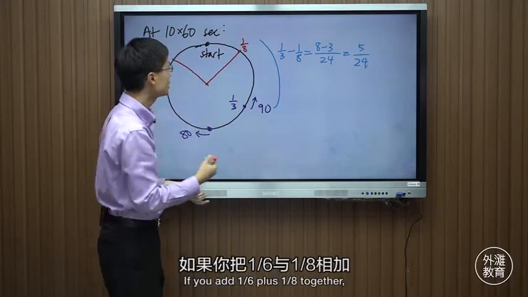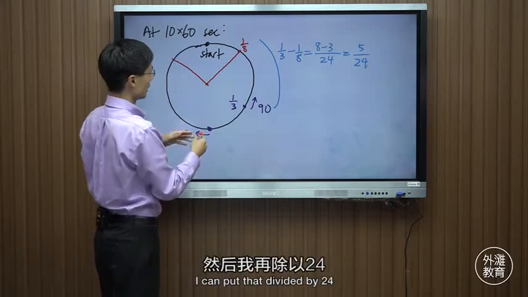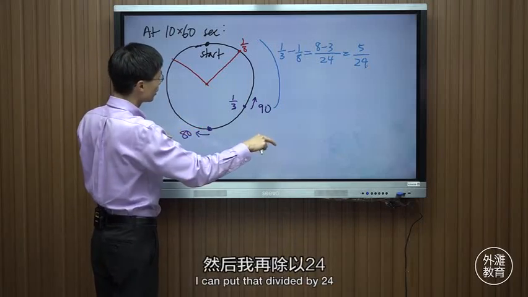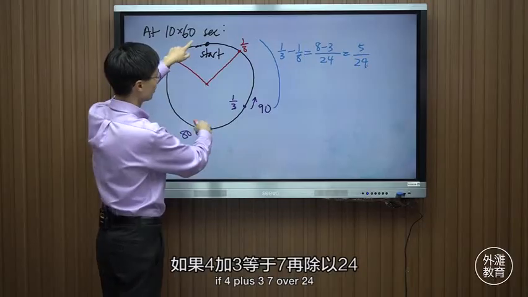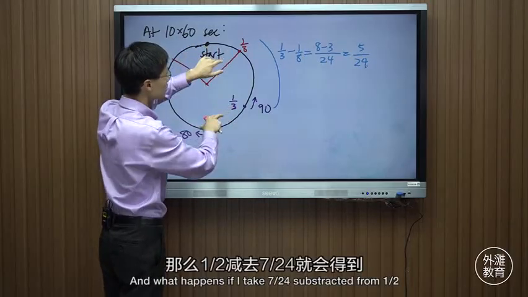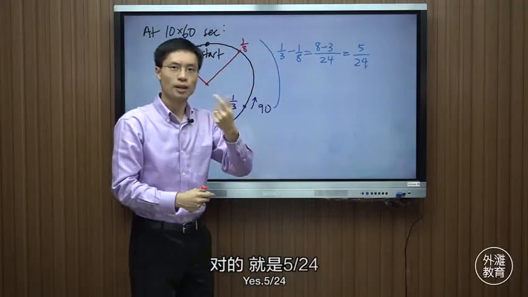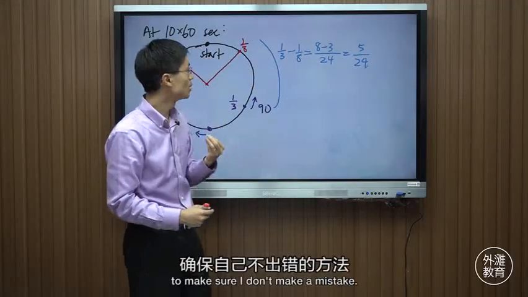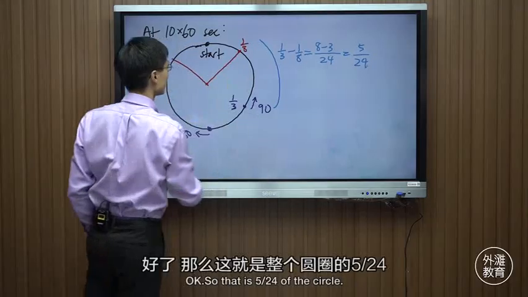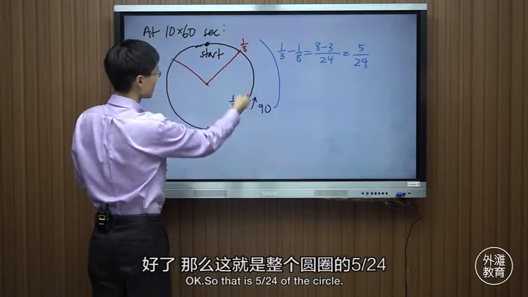If you add 1/6 plus 1/8 together, I can put that over 24. It would be 4 plus 3, 7 over 24. And what happens if I take 7 over 24 subtracted from a half? Yes, 5 over 24. I'm just showing you the kind of things I'm doing to make sure I don't make a mistake. Okay, so that's 5 over 24 of a circle.